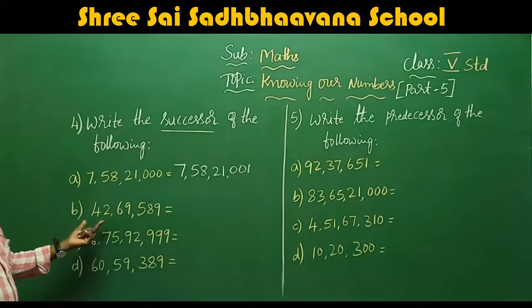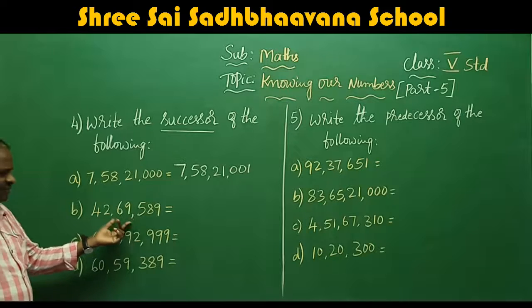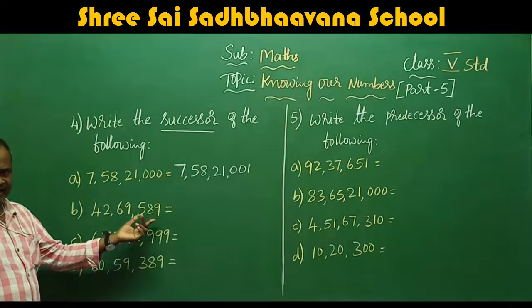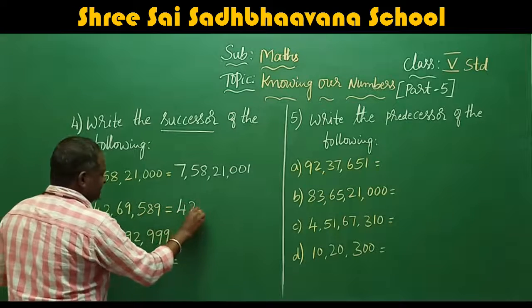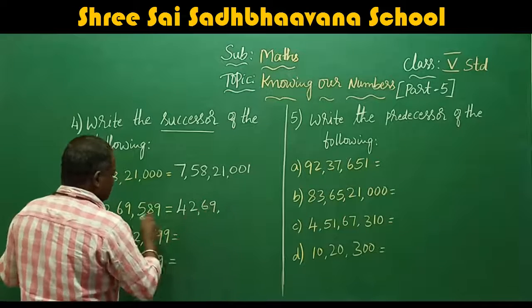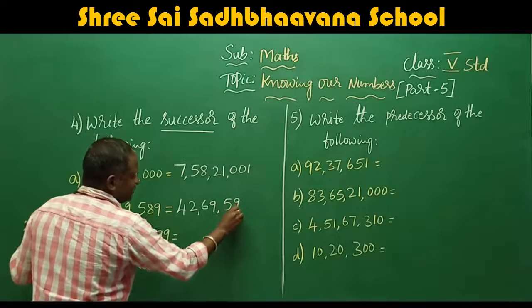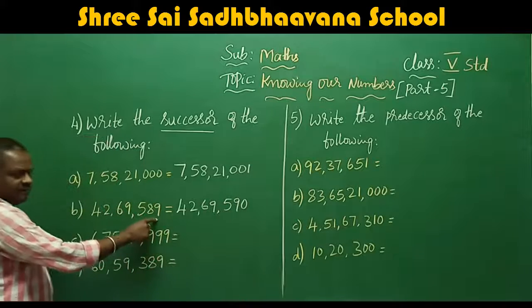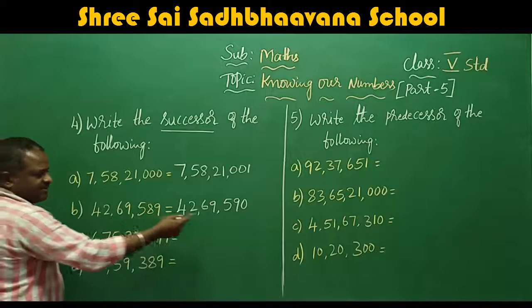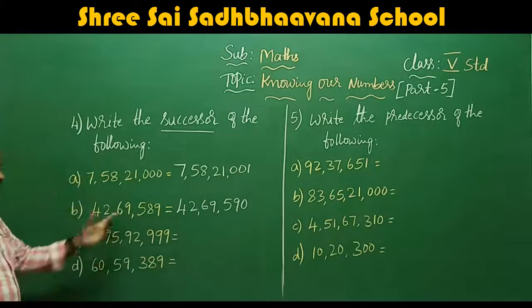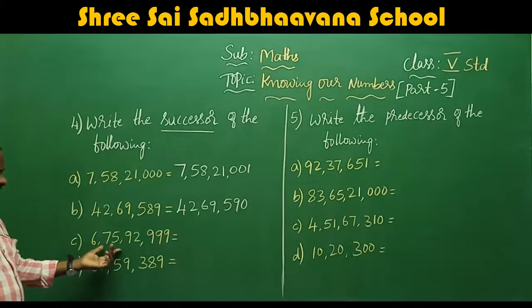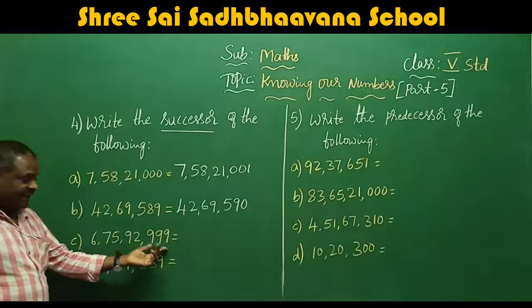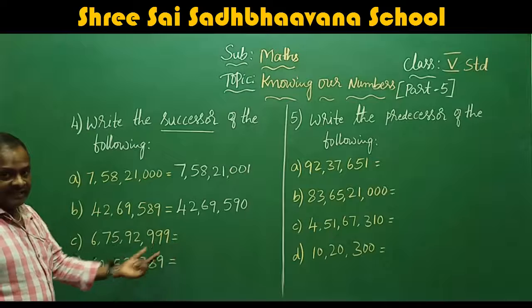Next, here they have given 42 lakhs 69,589. The successor is 42 lakhs 69,590, because when you add 1, 89 becomes 90. This is the successor. Next, here 6 crore 75 lakhs 92,999.